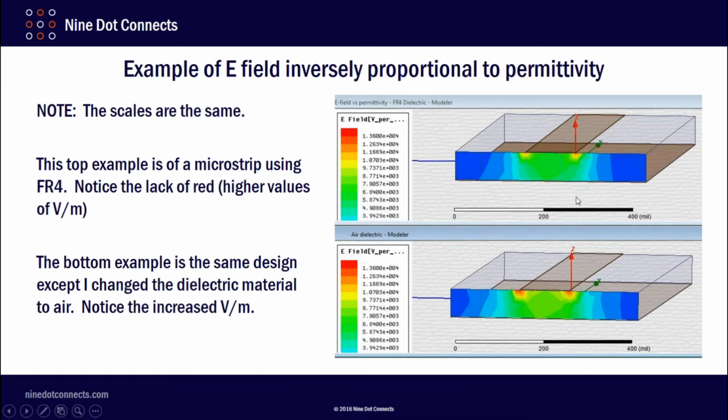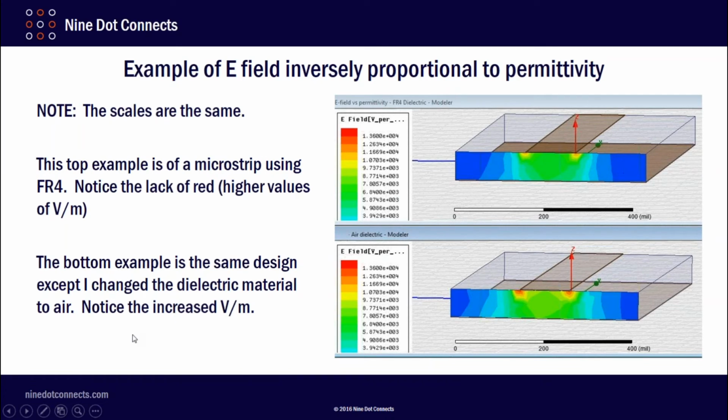In this top diagram, everything was done with the same shape, making sure that I maintain the proper impedance matching to the port. In this top example, I used FR4, which typically will have a dielectric constant of about 4.4. Notice the lack of the red concentration here underneath the edges of the microstrip, and also the field doesn't seem to radiate out as far here.